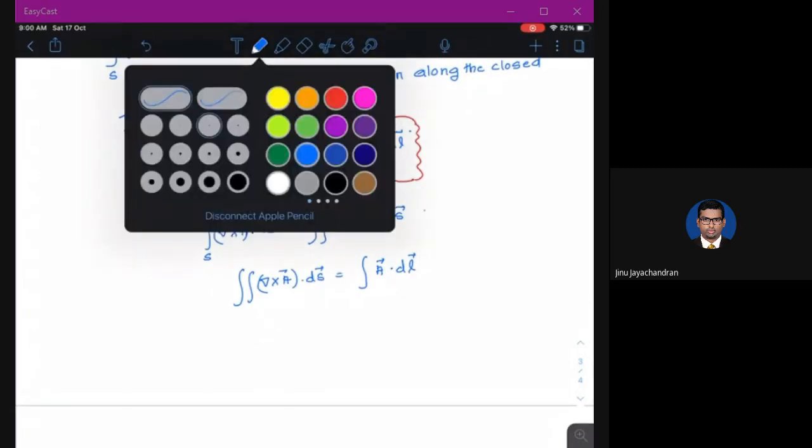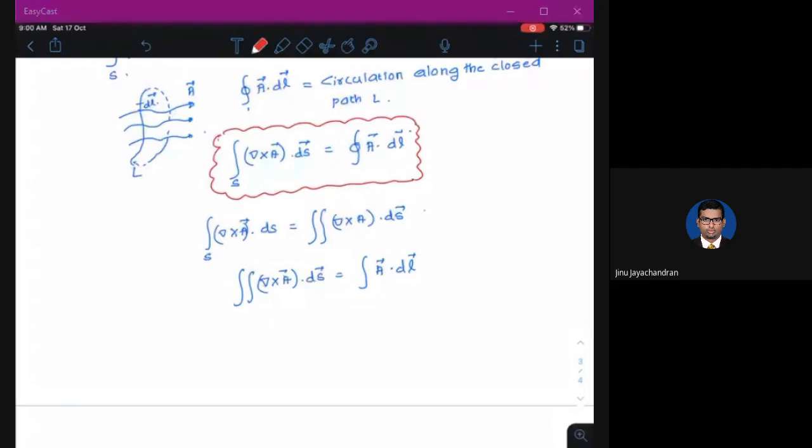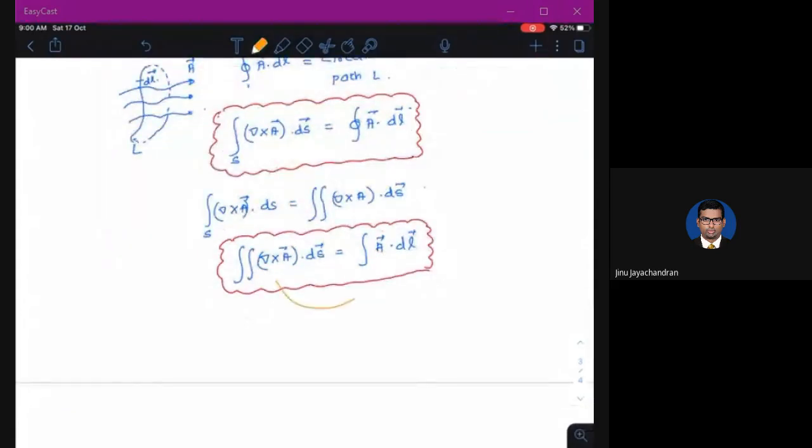So this relates the double integral with a single integral. Okay. So these are the two theorems that we have, depending on the curl or the divergence.